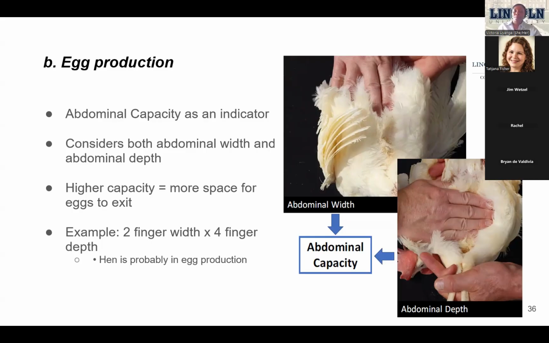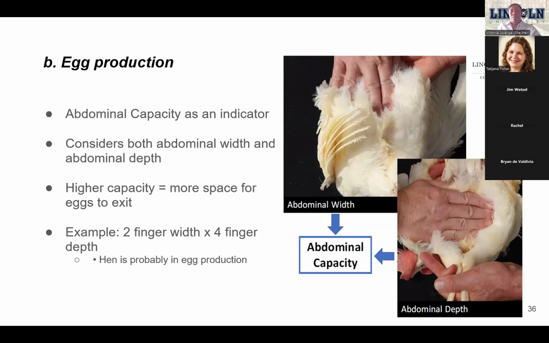So the abdominal width is that distance between the pubic bones on the side of the vents, the side of each of the vents. And you can see 2 fingers can easily fit into that. However, the abdominal depth is measured as the number of fingers that will fit in between the bottom of the pubic bones and the rear tip of the keel bone.